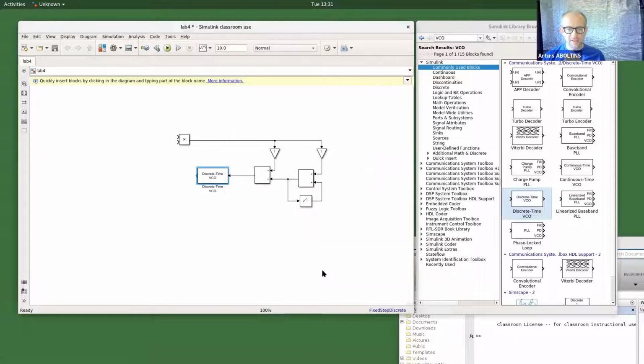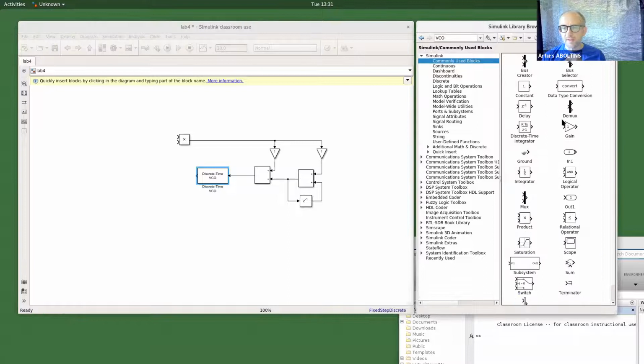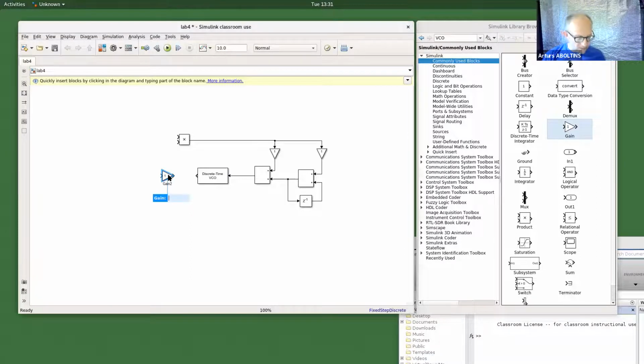We could experiment, but if you do not wish to experiment, just select this gain block, which inverts the signal from the VCO. Just put it here, invert it.